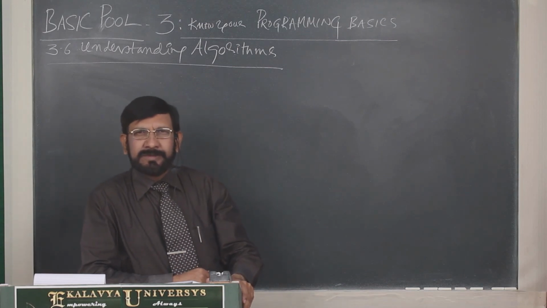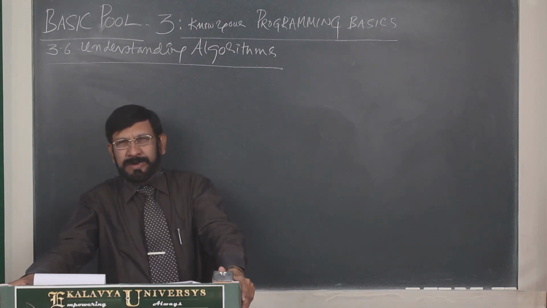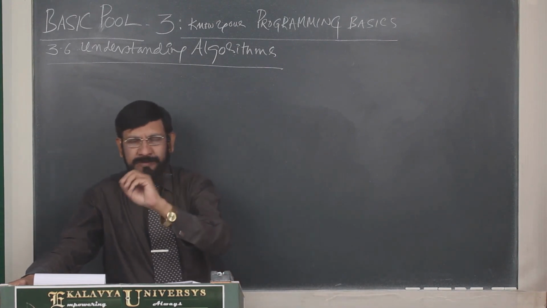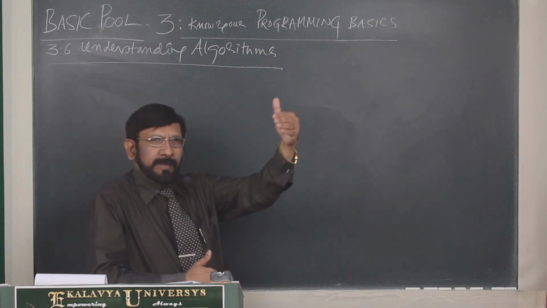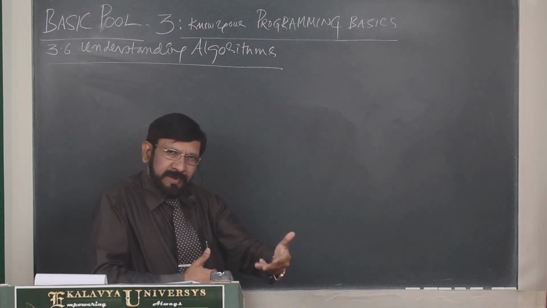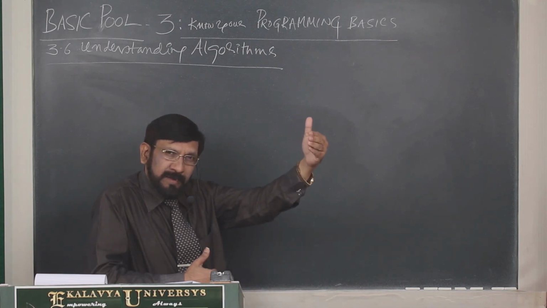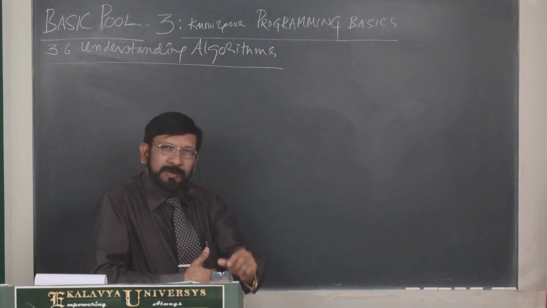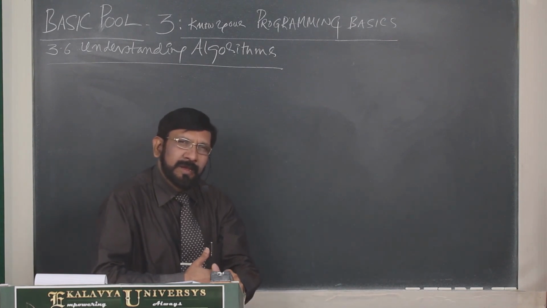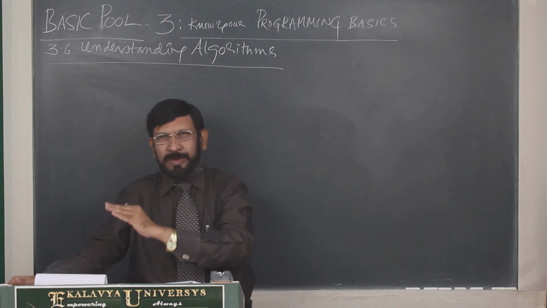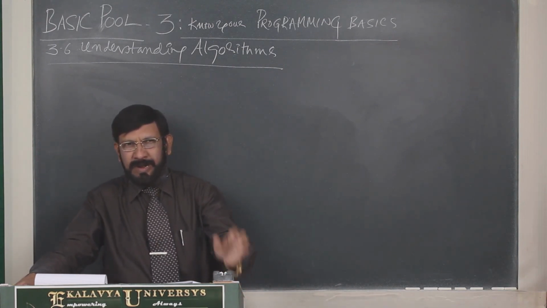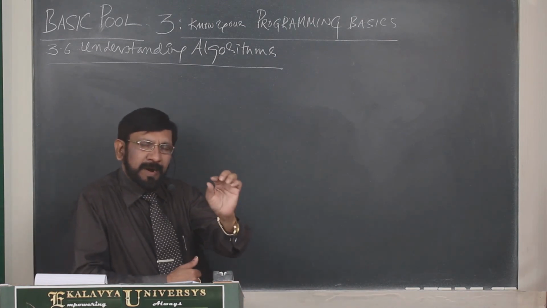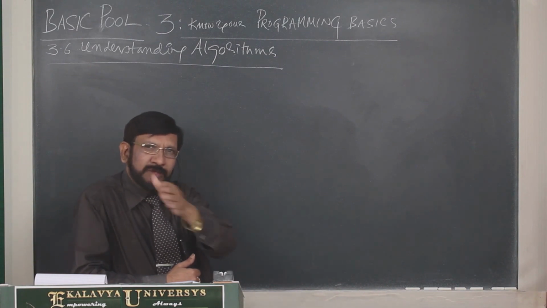The third one is the pseudocode. This is also one type of algorithm, and what is the main difference between algorithm and pseudocode is, in algorithm every step is defined in English. The logical plan is dissected into descriptive words, descriptive steps and all that. Pseudocode actually is closer to the program. Whatever logical plan is there, that is described in English only, but those terms are very close to the coding.